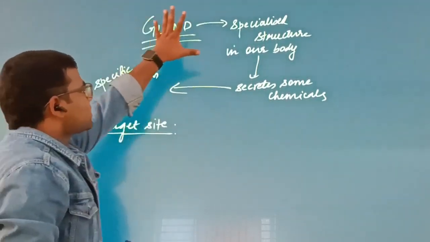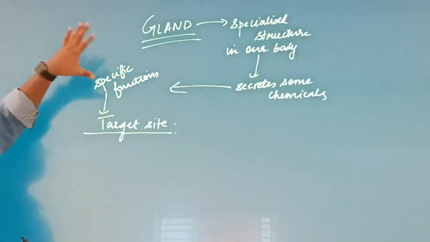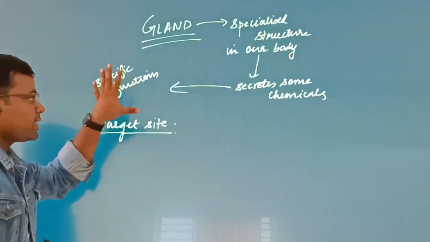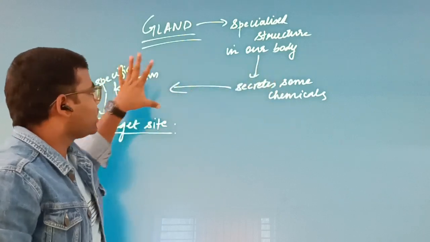So glands are specialized structures in our body which secrete some chemicals, and these chemicals have some specific functions on the target site. Every chemical has a specific target site where it is going to show its function.